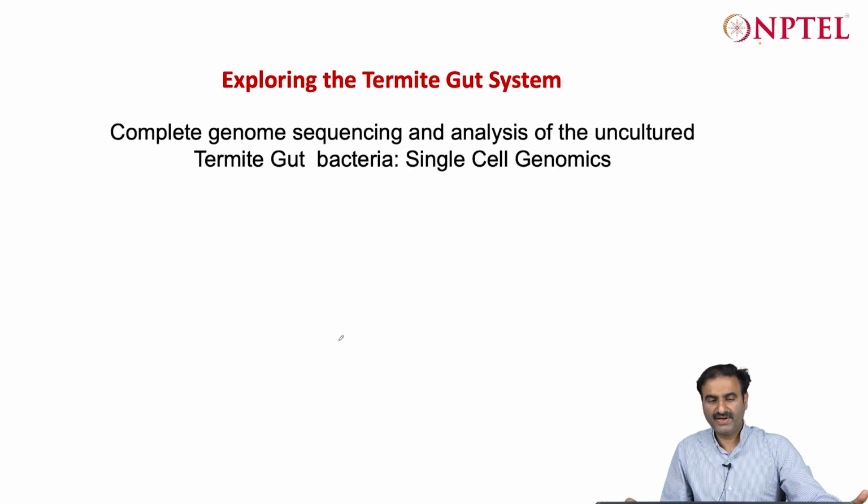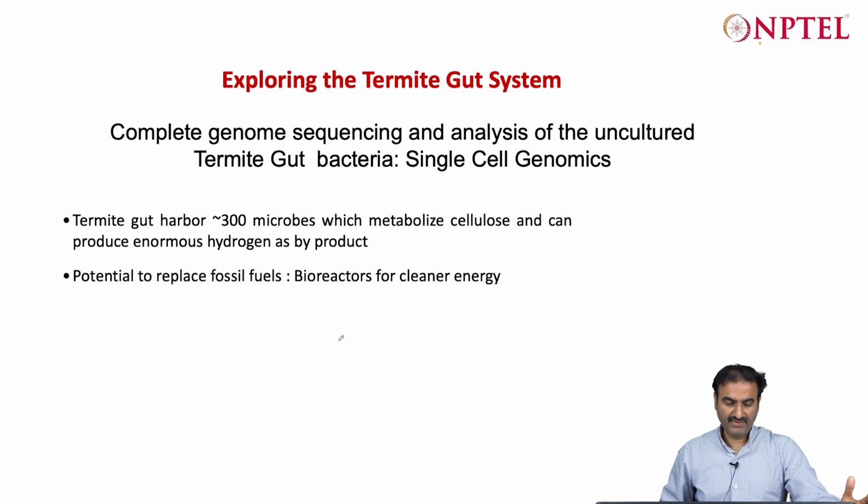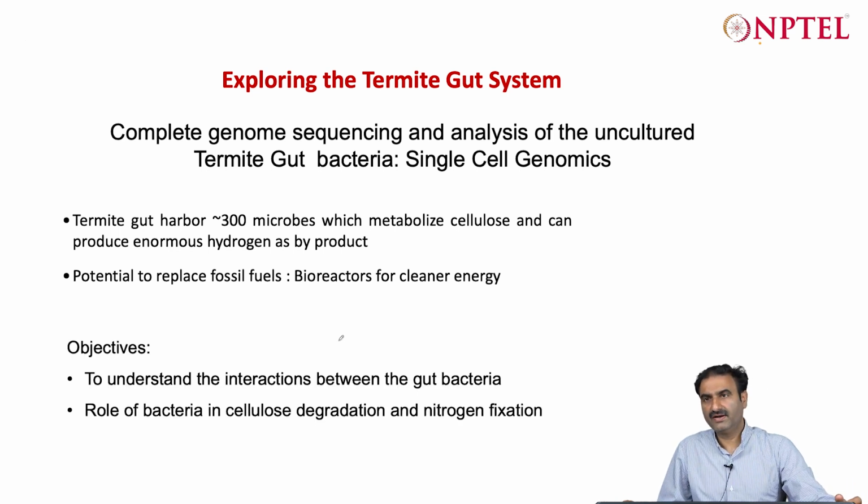One example of the micromanipulator I am providing here: in the termite gut there are about 300 types of microbes, and they help the termite degrade the cellulose which it is eating all the time.